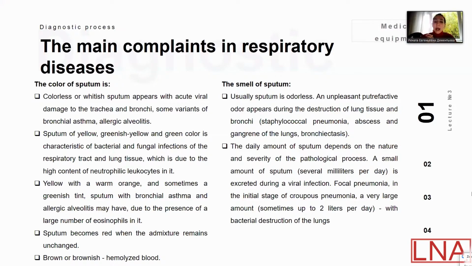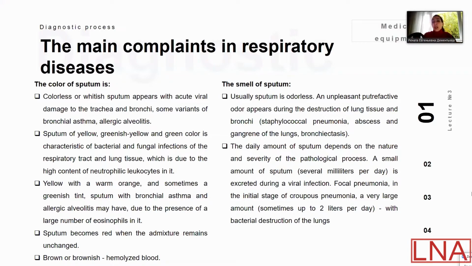A small amount of sputum, about several milliliters per day, is more significant for patients with viral infection, for example focal pneumonia or the initial stage of lobar pneumonia, and a very large amount, sometimes up to 2 liters per day, occurs with bacterial destruction of the lungs in case of development of abscesses.